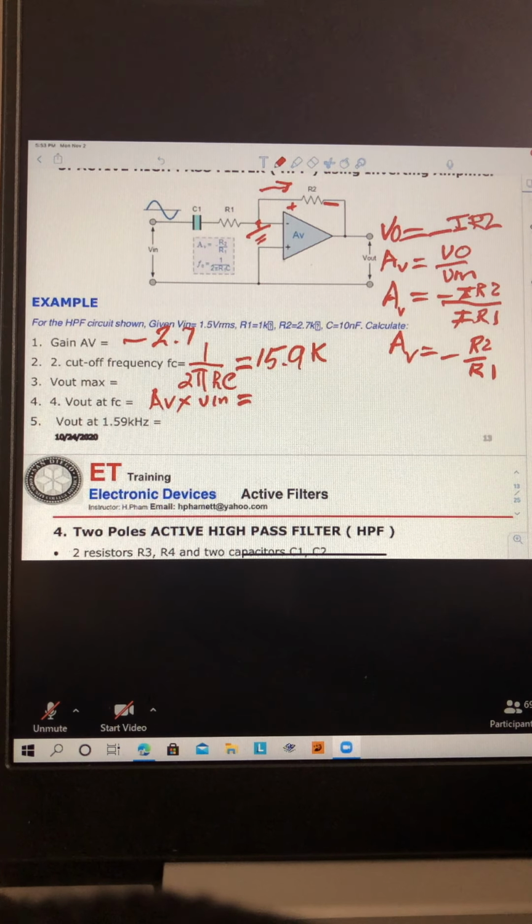For AC, that minus only tells you the input and output will be opposite. So the right answer will be 4.05, not negative. Why? In AC, you cannot put a negative. The negative sign just tells you input and output will be 180 degrees out of phase.